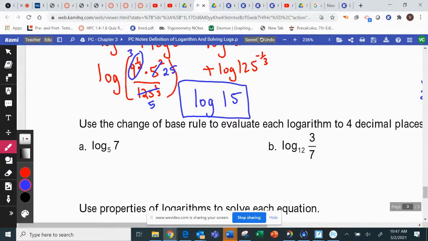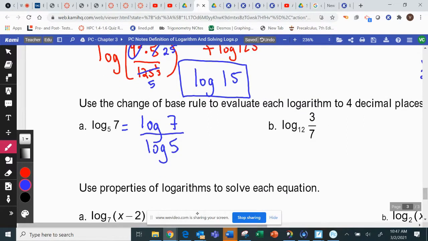All right, so to use the change of base rule to evaluate each of these, you would just pick any base you want. I'm going to use 10. And we will do log of the big number, divided by log of the base. You have to use your calculator for this, so go ahead and grab your calculator. I'll also show you how to do it if you have the newer calculators.